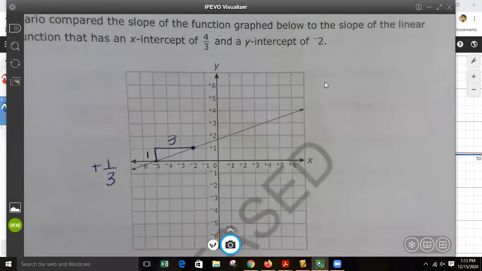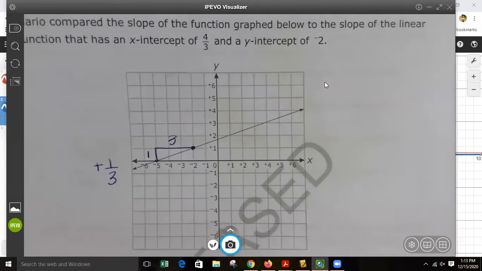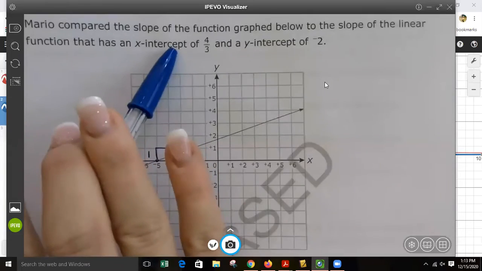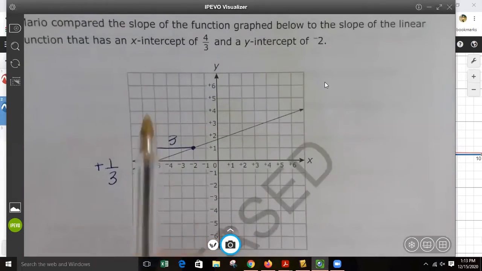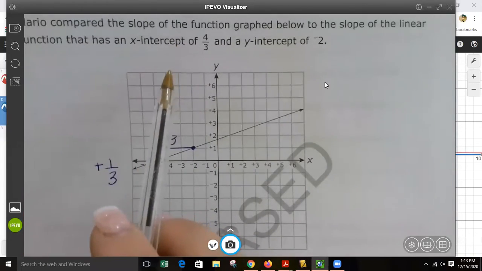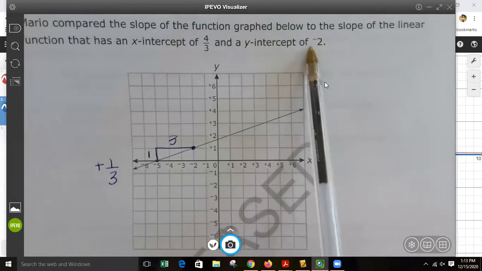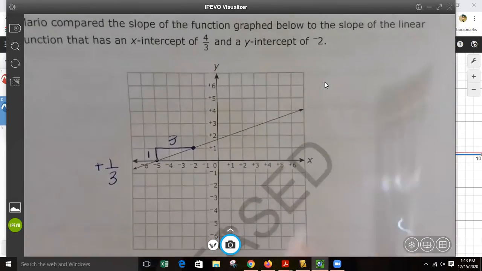What is an x-intercept? What is a y-intercept? What are they? What's an x-intercept? Your y-intercept is where you start, right? Start on the y-axis. So it's where it crosses the y-axis.